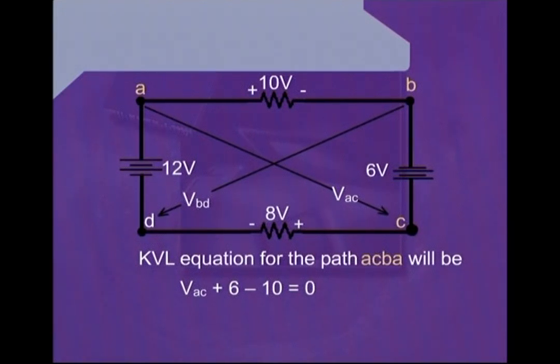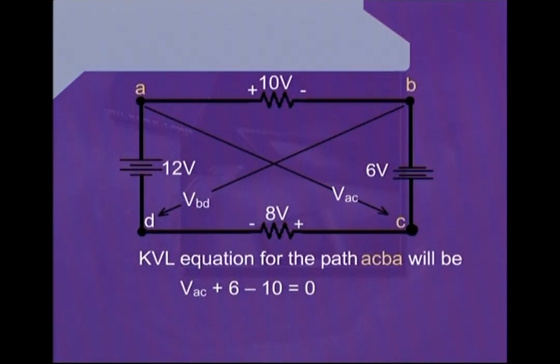The value of that drop is 10 volts, and the terminal of this resistance towards the point B is negative. Therefore, we will write minus 10 and we reach the point A, which is our starting point.